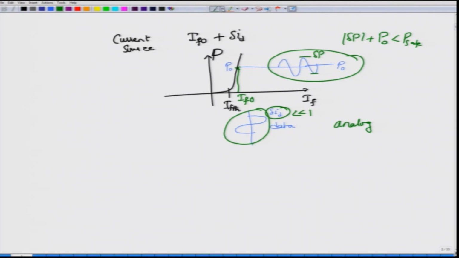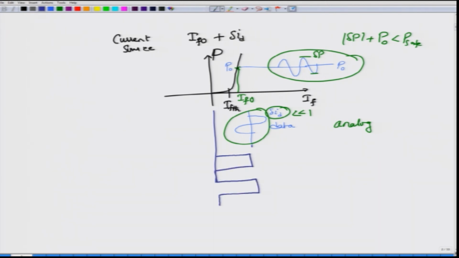I can extend the same idea to digital modulation as well. Instead of modulating this type of waveform, I can now operate the laser in a different operating region. So, I will operate the laser at this point, and then apply a digital signal like this.